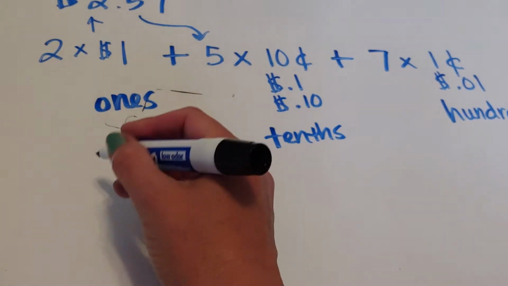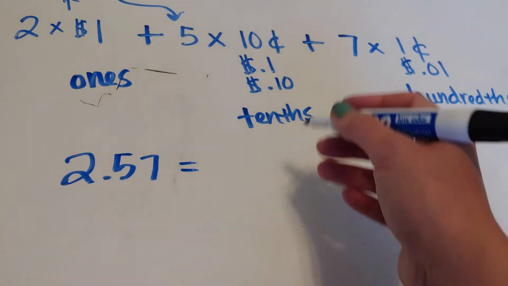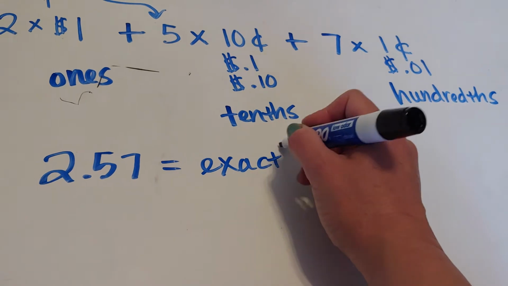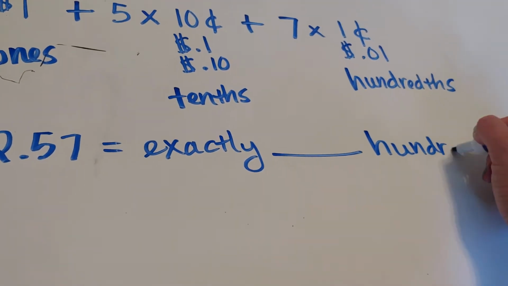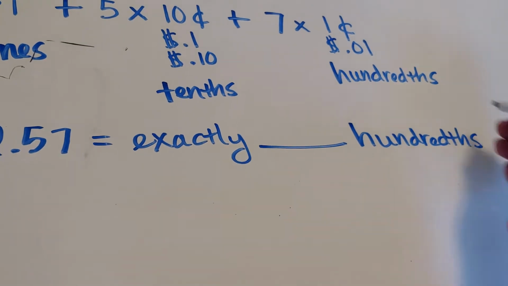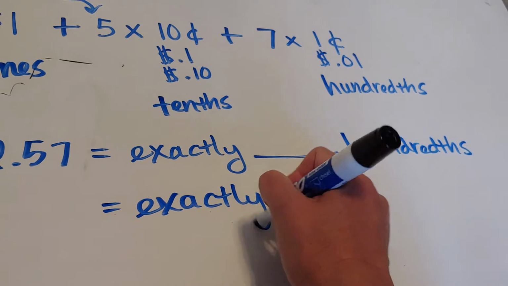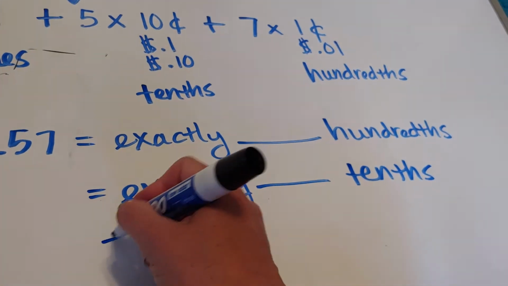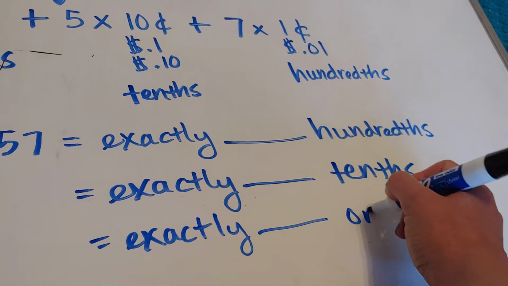All right. So 2.57 is the same thing as exactly how many hundredths? And then we also want to know it's exactly how many tenths? And it's exactly how many ones?